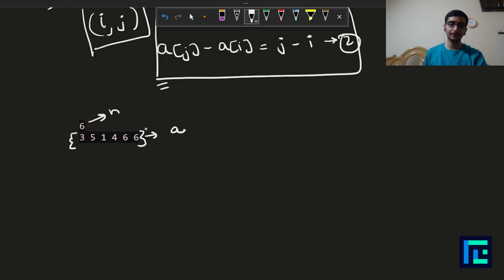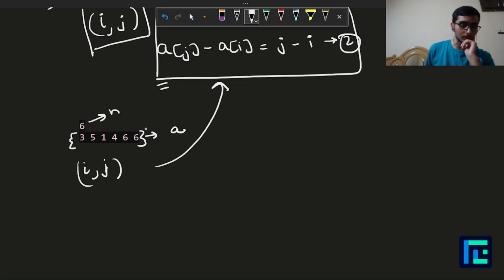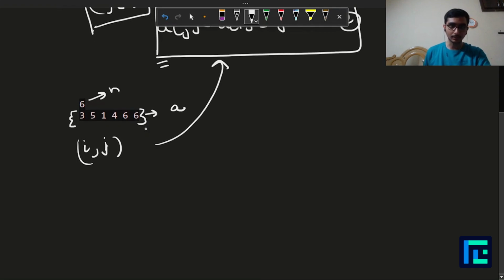Right. Now we have to find some pairs i and j such that it follows these conditions. So let's try to think. As we don't have an algorithm, we have to just try to brute force and observe if we have any such pairs. So let me write the indices and the array so that it is easily understandable.